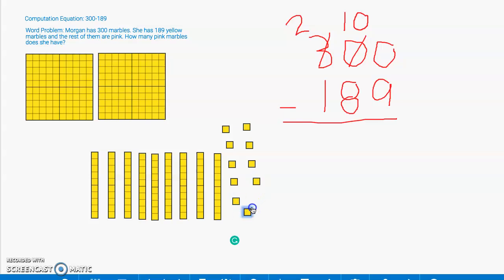So now we can see all the 10 ones we have. So now we can see that we have 9 tens and we have 10 ones.